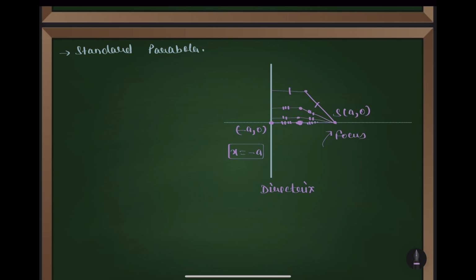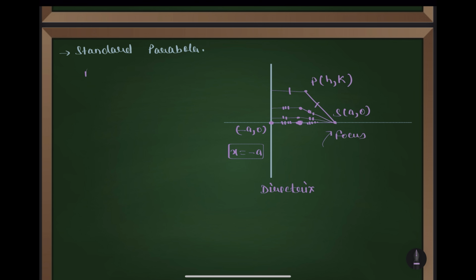So right now what we get, we have the fixed focus as (a, 0), we have the fixed directrix as x equals to minus a. So suppose that point P is (h, k). Now I am applying the restriction.